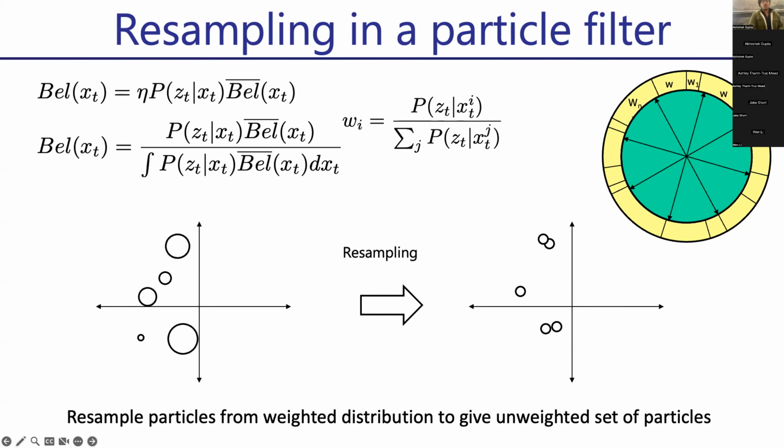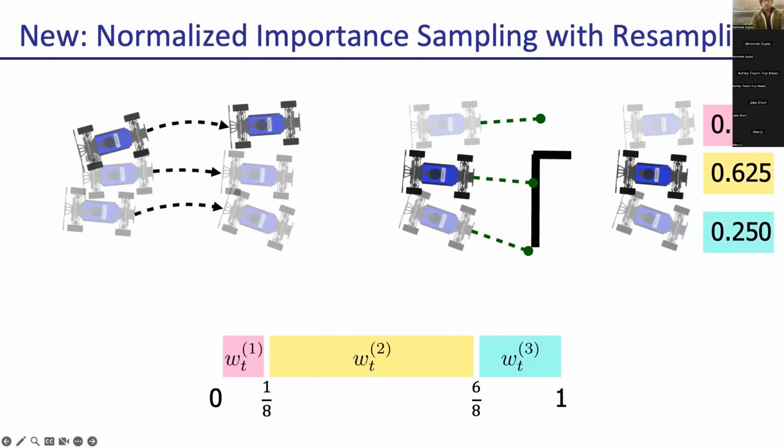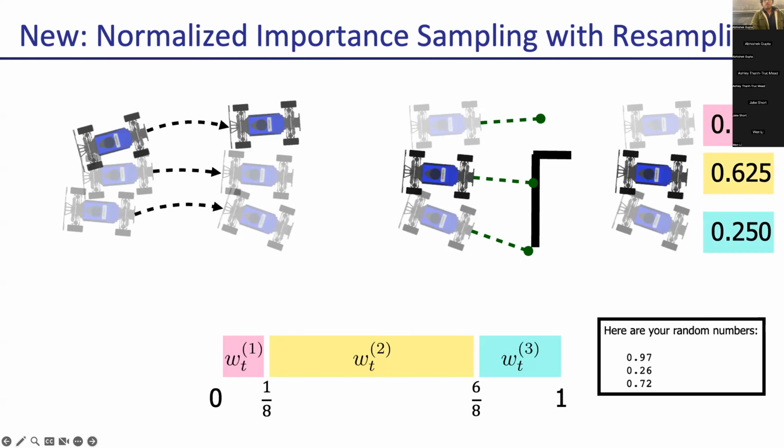Okay, so we've talked about going from a set of weighted particles back to a set of unweighted particles, right? So we're going to construct our line, we're going to sample, and now our random numbers tell us that we have two of them where particle 2 was, and one of them where particle 3 was, right?